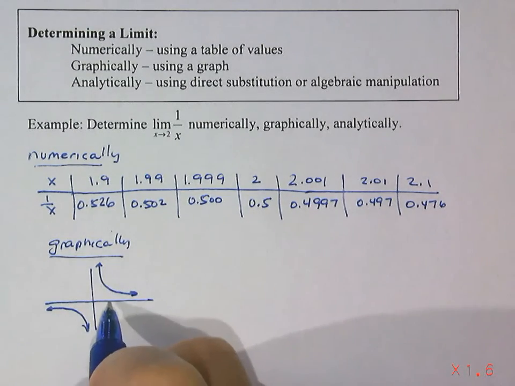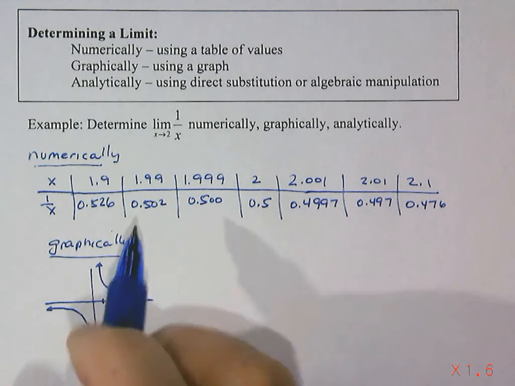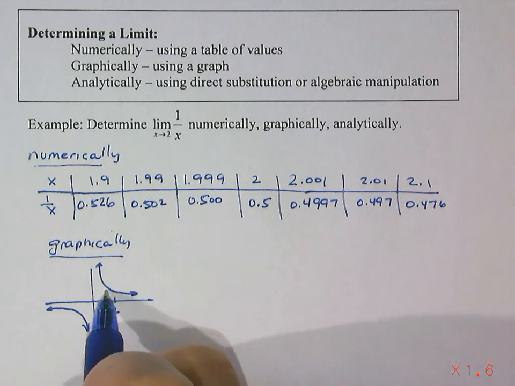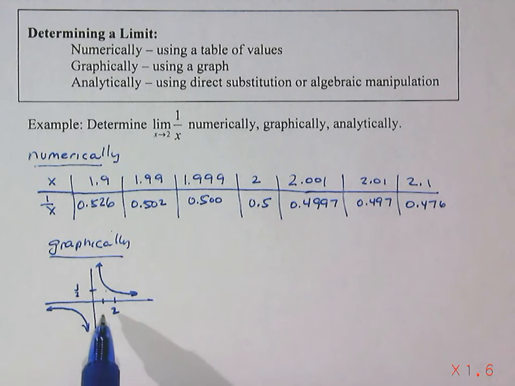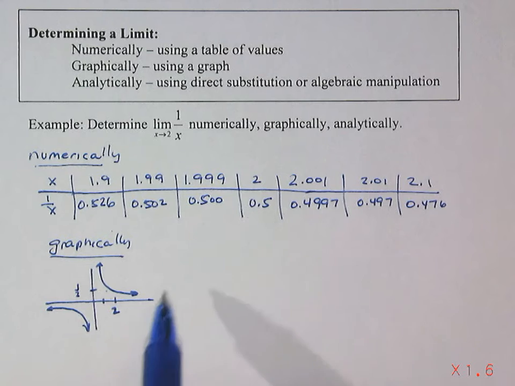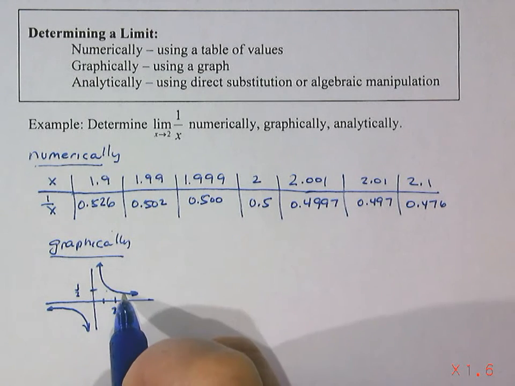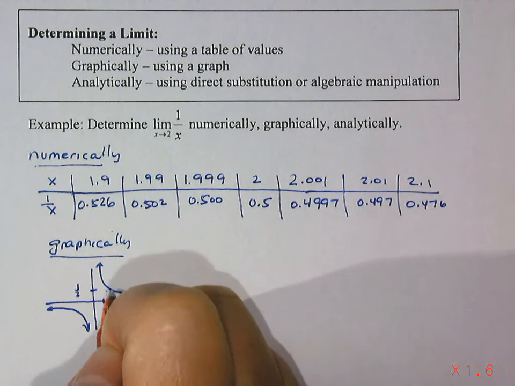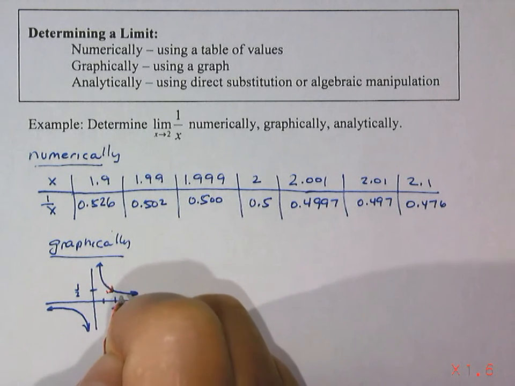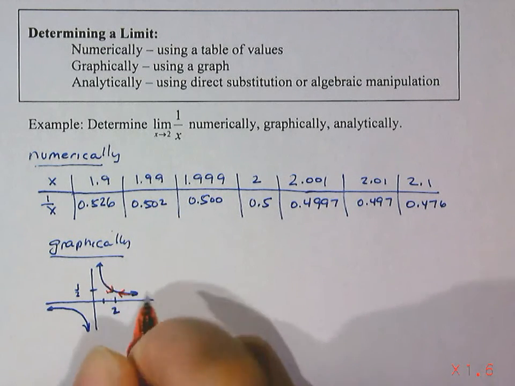And when x equals 2, here's 2 right here. And if I come up here, my y value is 1/2. So once again, that's verifying what I found numerically. Graphically, the limit as x approaches 2, and when I'm saying x approaches 2, I'm coming from the left and I'm coming from the right, getting close to 2.